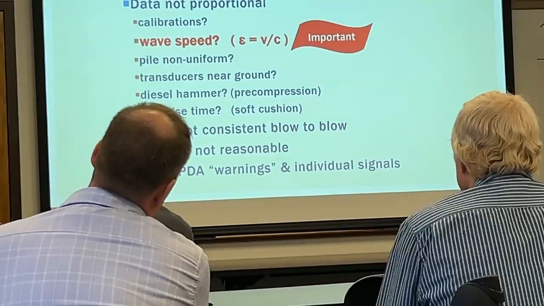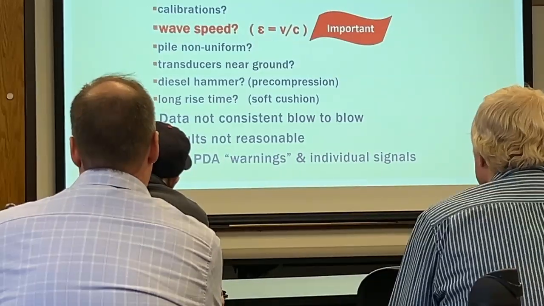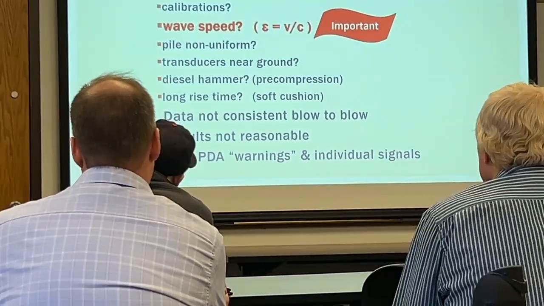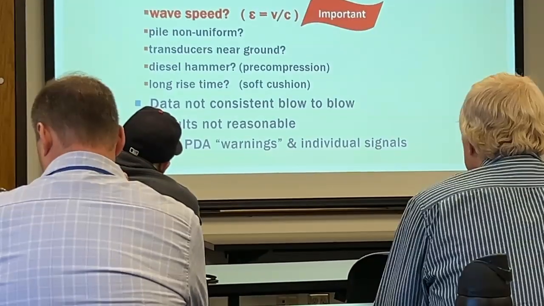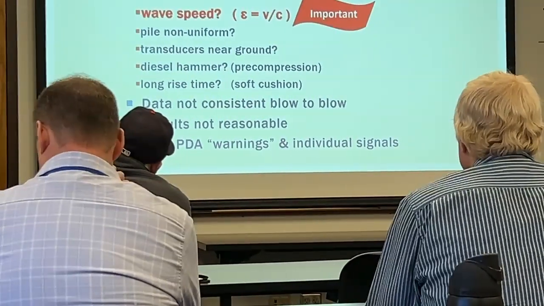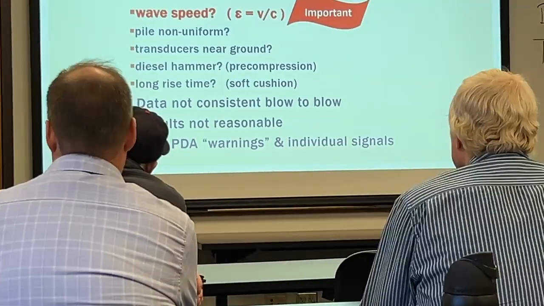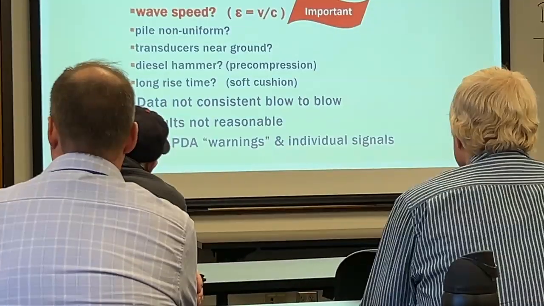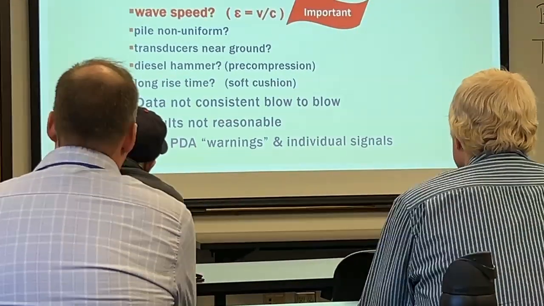Are the results not reasonable? Sometimes the calls I get are something to the effect of, my forces are 10,000 kips on a 12.75 inch pipe pile. What's going on? It's saying that my stresses are good, but my forces are very, very high, and so are my capacities. This doesn't seem right.